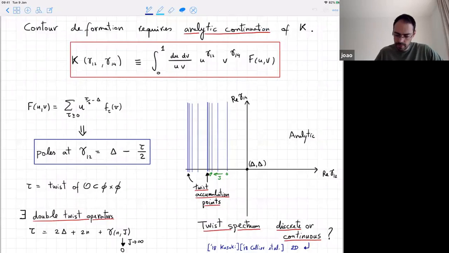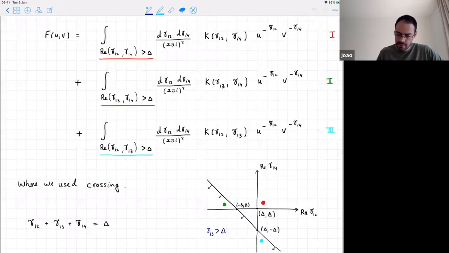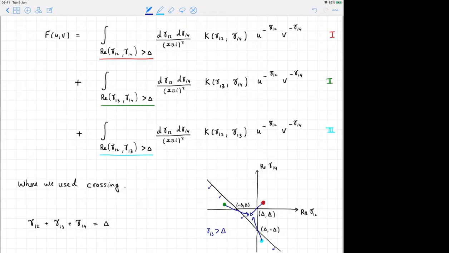That's probably the best picture, the picture I had here. If you want to deform this contour, this contour and this contour to the same crossing symmetric point, you will cross some poles. These are the extra contributions. Now, in position space, what does this mean?